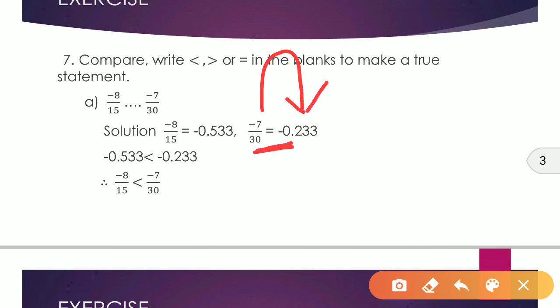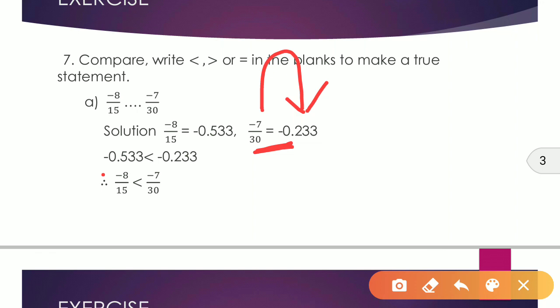Now you compare both the decimal digits. First is 0.533 and second is 0.233. So in the negative number, the number which is looking smaller will be greater if it is having a negative sign. I am repeating again.